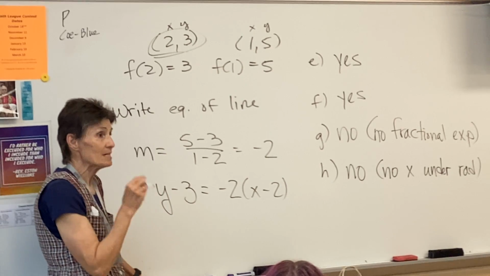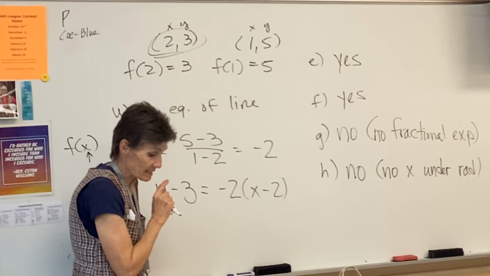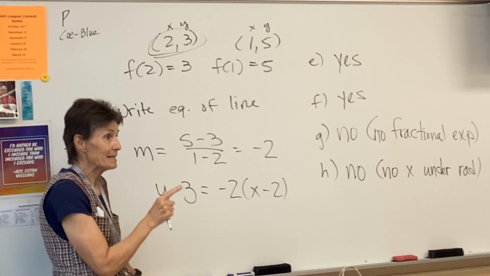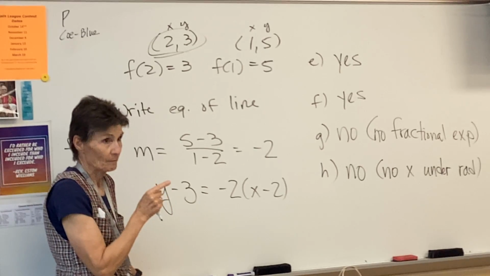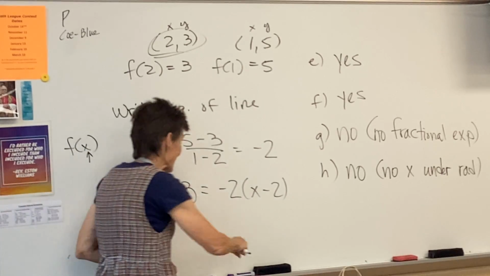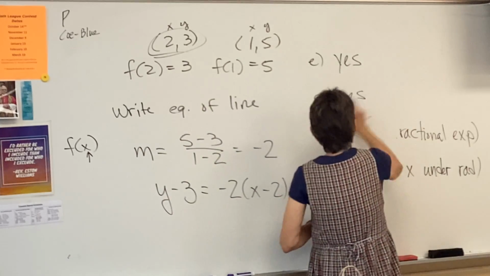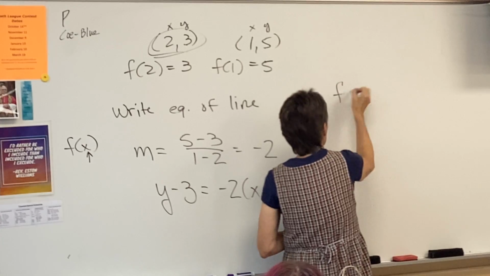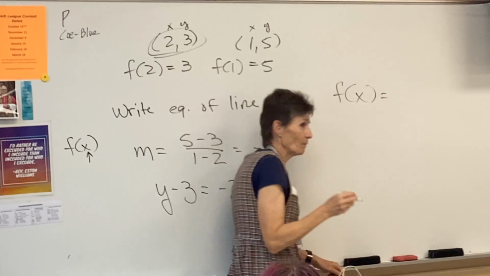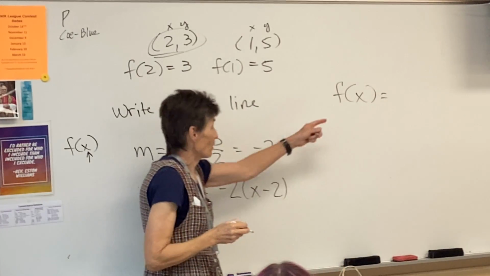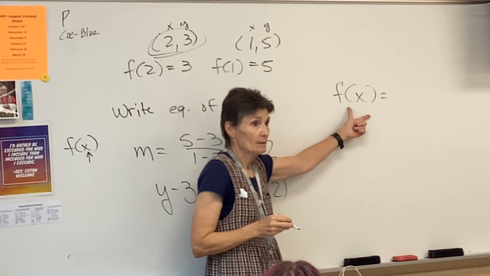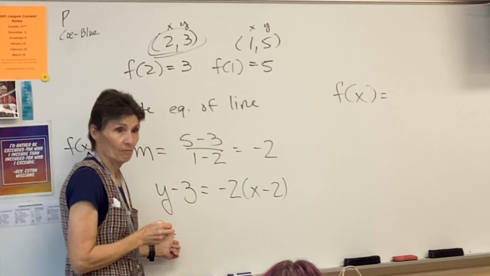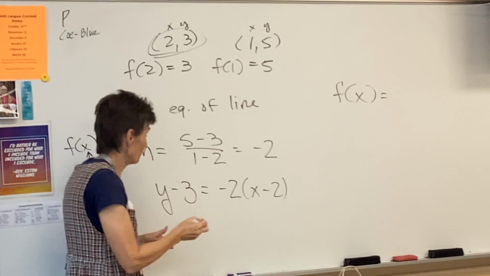Now, for these problems that say linear function, that means your answer is going to have to be written as a function. Well, that is no big deal, but remember f of x is the same as y, so we gotta get y by itself, which we've done before.